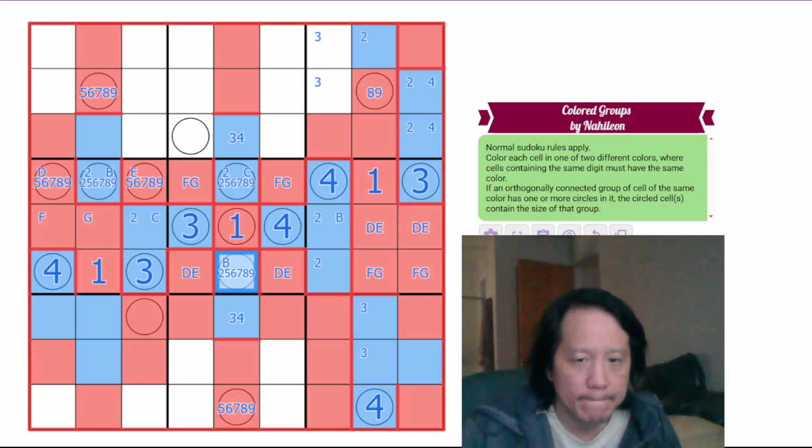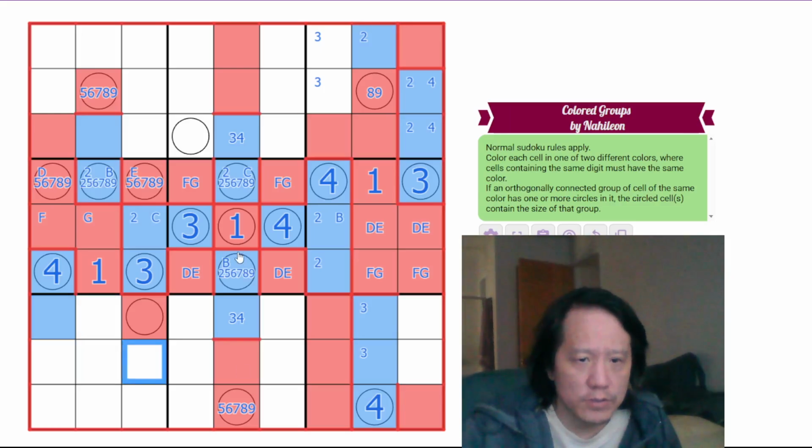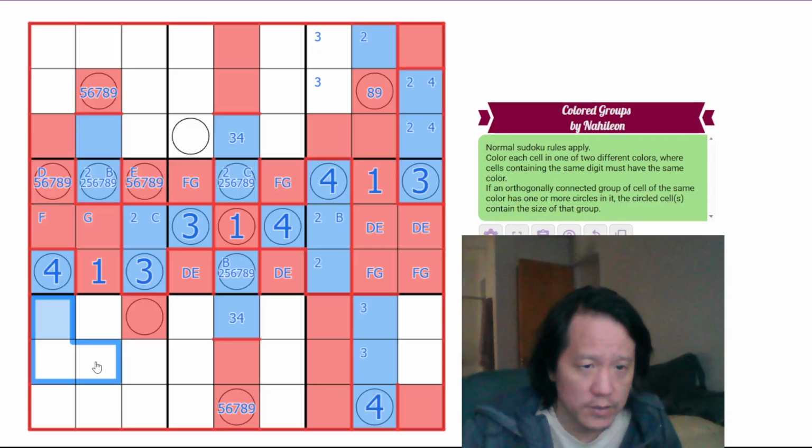Oh, that's interesting. So the only way this is not 2 is if this goes this way, right? So say this was 2.